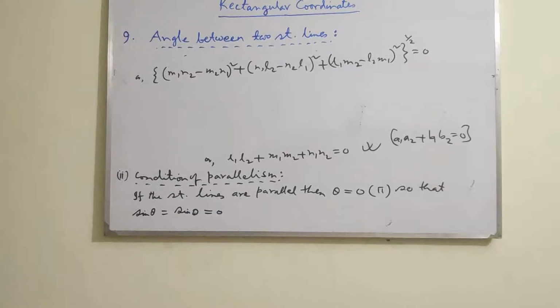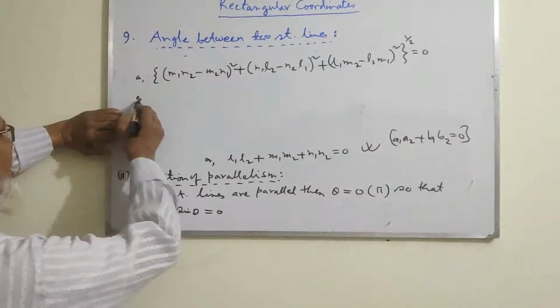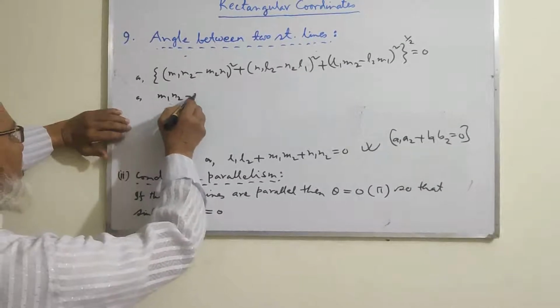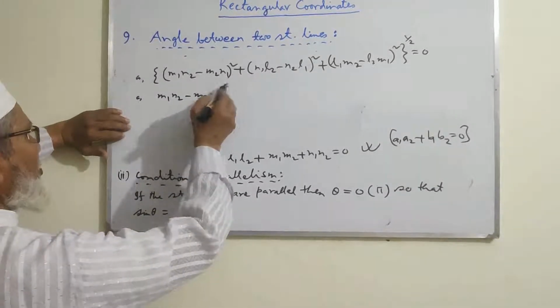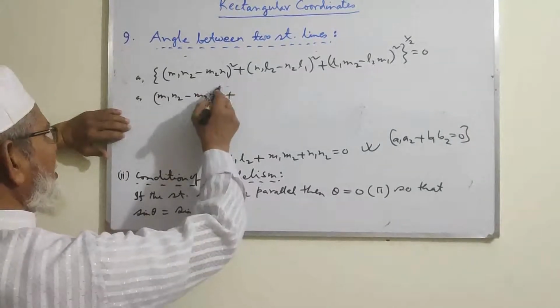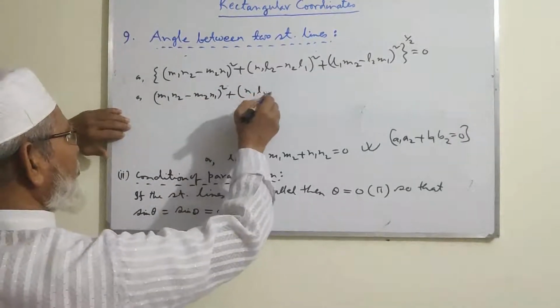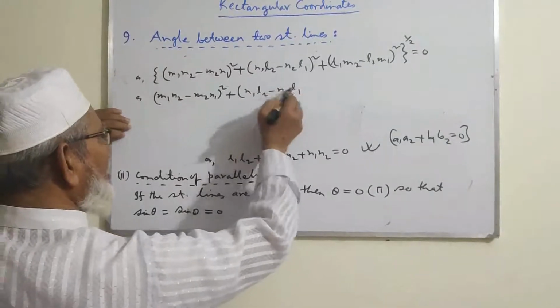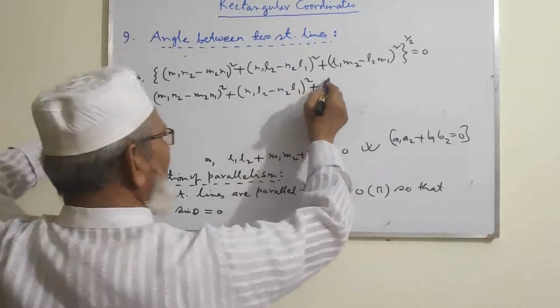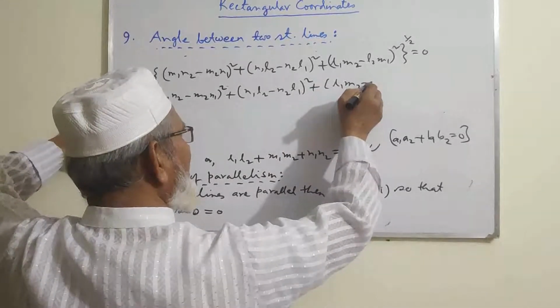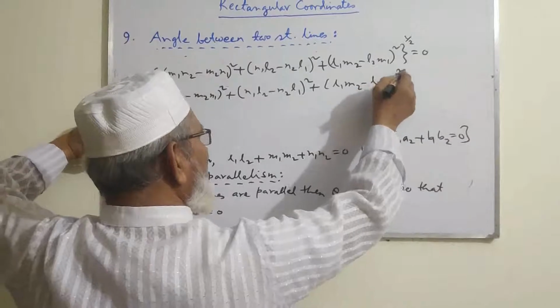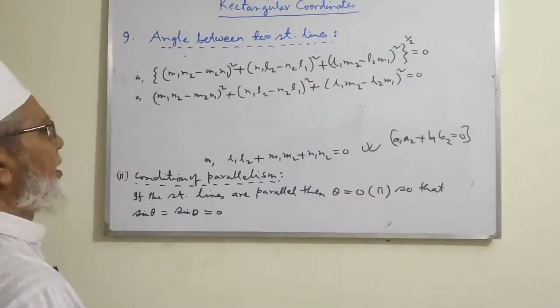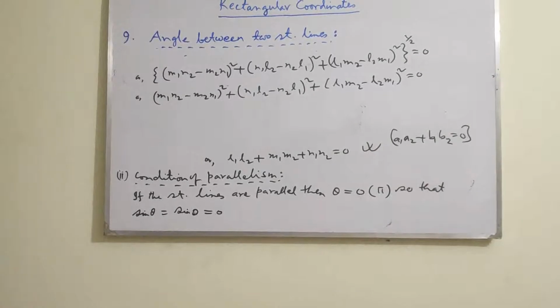From this we can write (m1 n2 minus m2 n1) whole square plus (n1 l2 minus n2 l1) whole square plus (l1 m2 minus l2 m1) whole square equal to 0. We know that if the sum of 2 or 3 or more squares, which are always real numbers, is 0, then each of the terms must be 0.